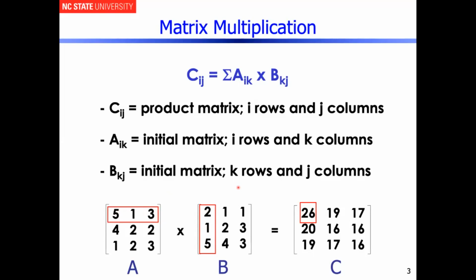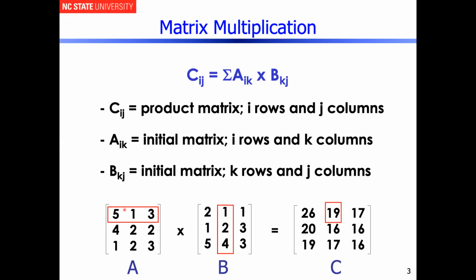Now, if we try a little different approach, let's take the first row in matrix A and multiply it by the second column in matrix B. And you can kind of see where this is going. This is going to wind up giving you the value because you're talking about the first row, column 2, so you're going to represent the dot product in the first row, column 2 in the product.